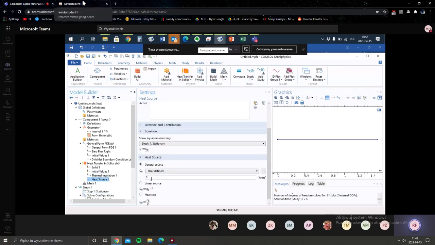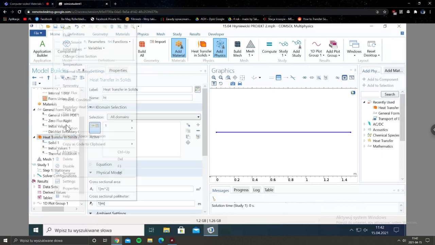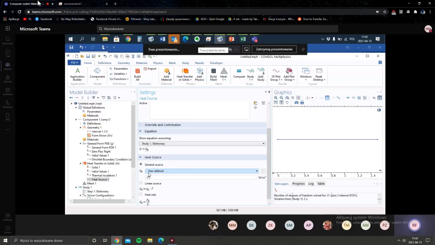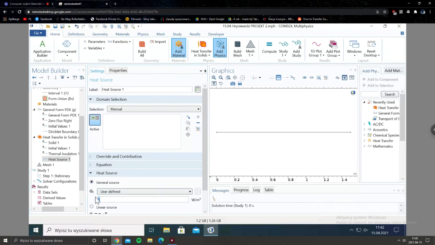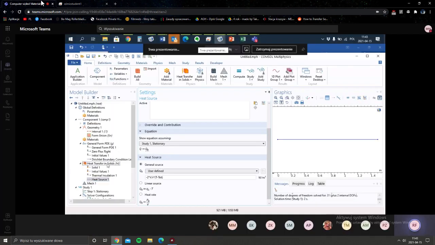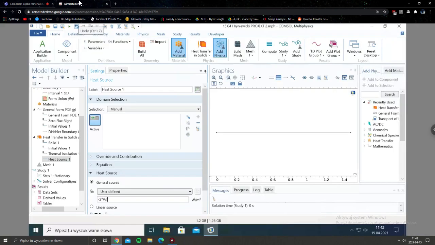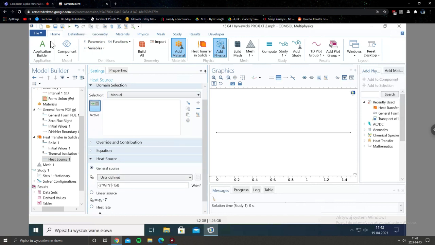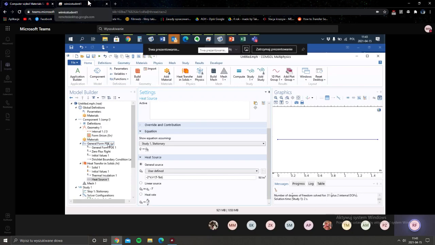So we know that this heat source is like that: -2 multiplied by capital V divided by R multiplied by T minus TOT. You must remember that in heat transfer in solids, the name of temperature is T, capital T. But in general form PDE, we couldn't have exactly the same name for the variable, for the temperature. So this is why we used the default one, U.